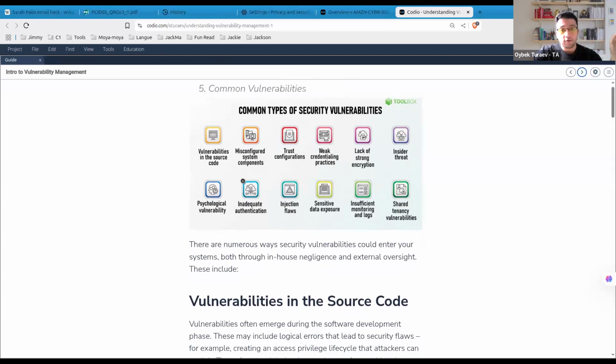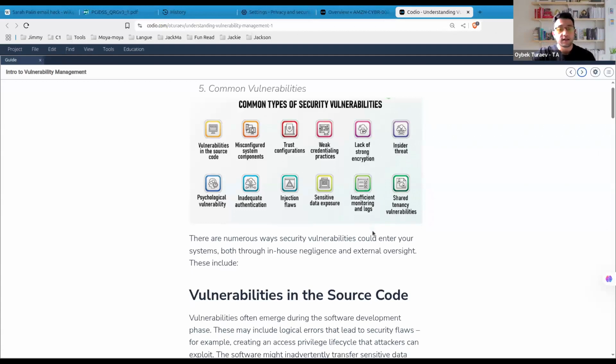Then trusted configurations: sometimes systems blindly trust each other, and as a result it gives attackers lateral movement. And then we have weak credentialing practices, lack of strong encryption, insider threat, psychological vulnerability, which you define as human error. We also have inadequate authentication, injection flaws, and sensitive data exposure.